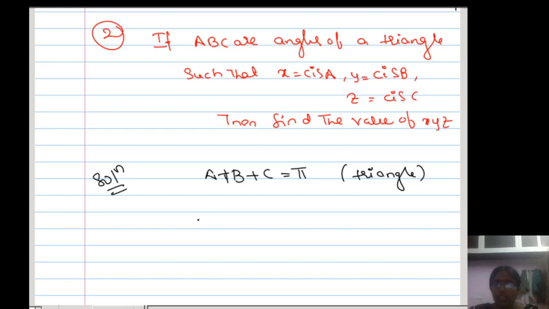Next, x is equal to cis A, y is equal to cis B, z is equal to cis C. Then find x, y, z. What is x, y, z? Cis A, cis B, cis C. What is the formula for cis A into cis B? Cis of A plus B. Similarly, cis A into cis B into cis C you can write as cis of A plus B plus C.